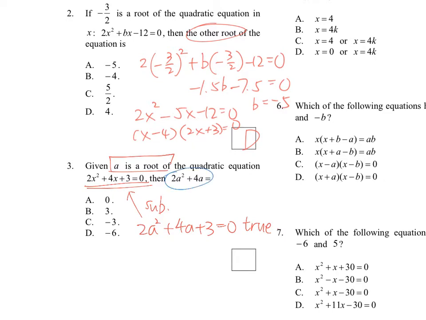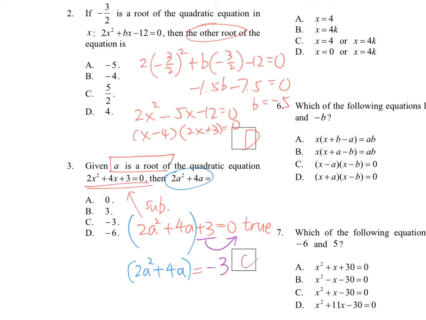Our target is only the 2a squared plus 4a part, which makes our answer negative 3 by throwing the positive 3 to the right hand side. This statement is always true, and therefore when we throw the 3 to the right hand side, this is the answer. So the answer is C.